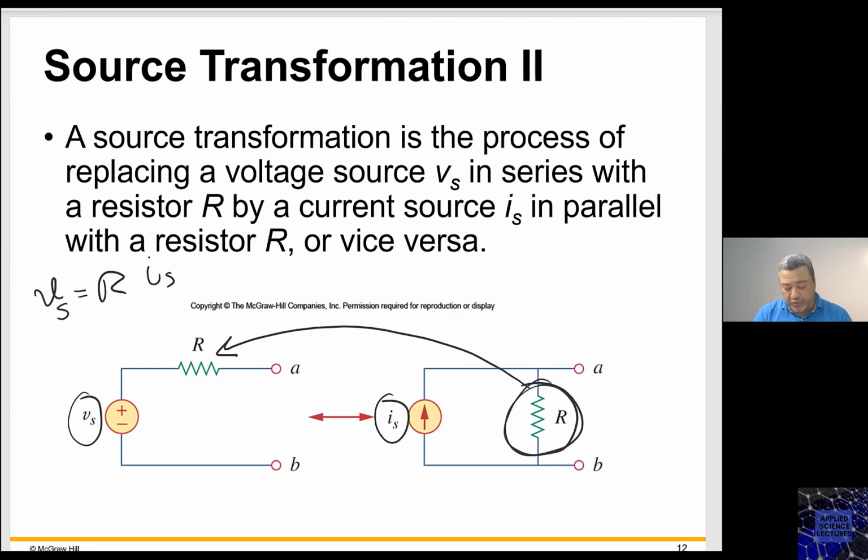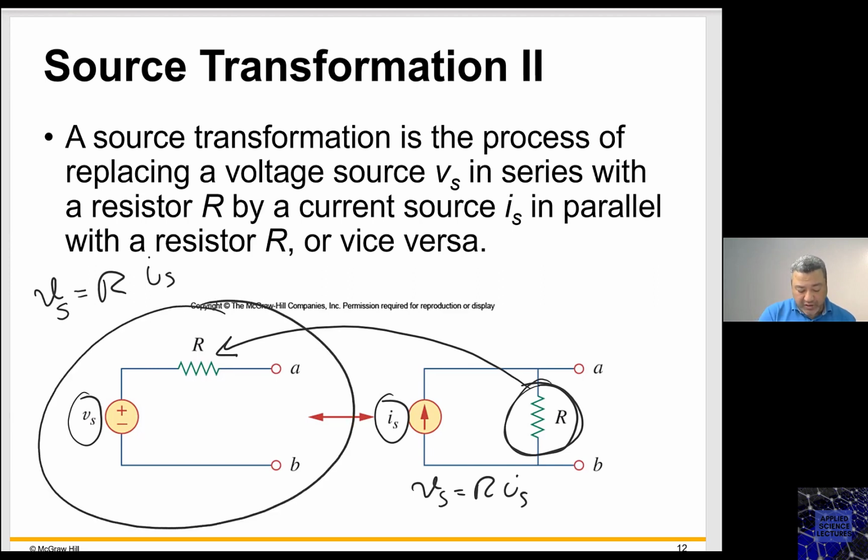What you do is calculate Vs first, and then you draw this circuit and put the plus and minus this way, such that the arrow is going from the positive toward the negative. So the arrow is like this, and the plus and minus are like this for the voltage source.